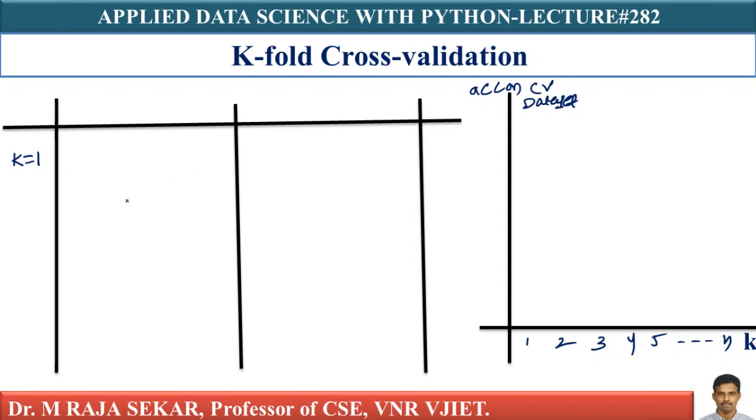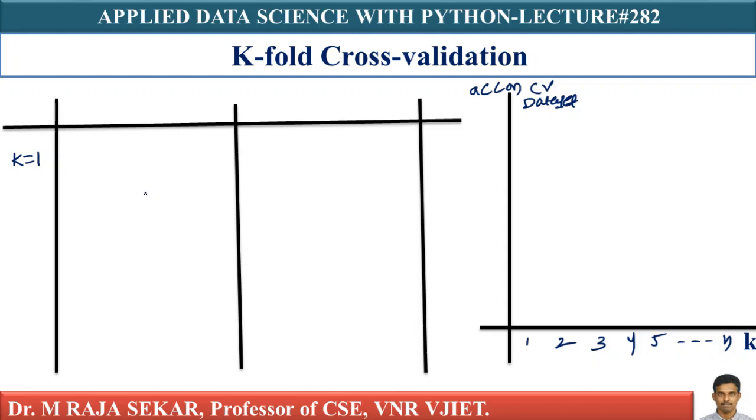The whole objective is to get this plot, because from this plot, whichever k has the highest accuracy, pick that k. On the y-axis, we have accuracy on cross-validation data, not on my test data set. That you must understand. I will never look at test data set at all.